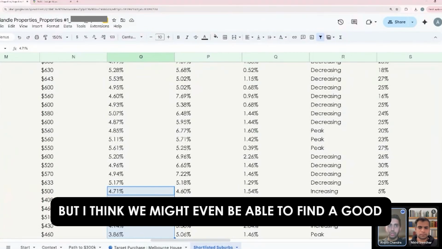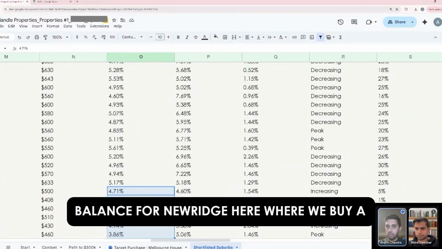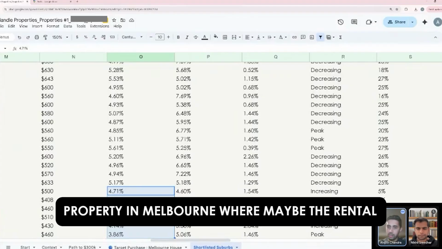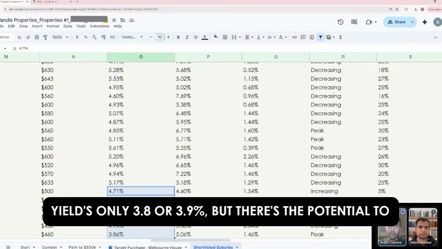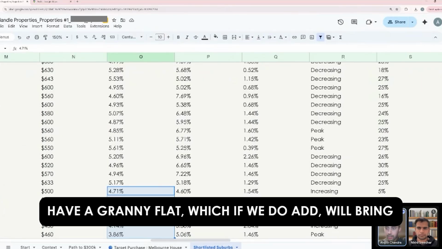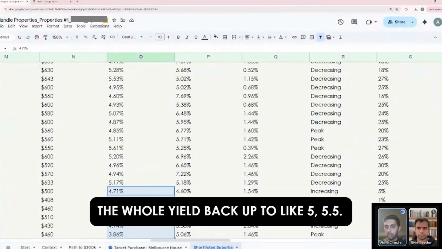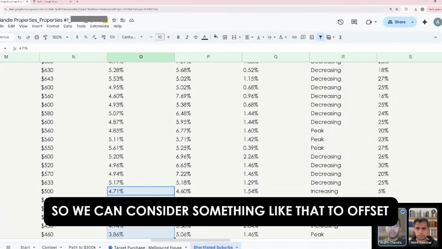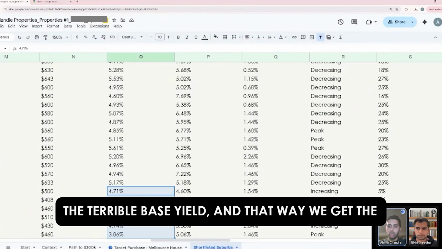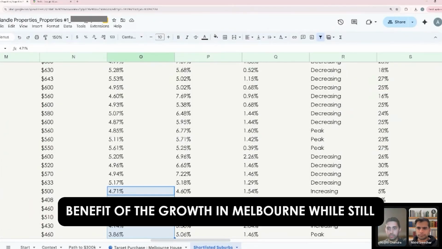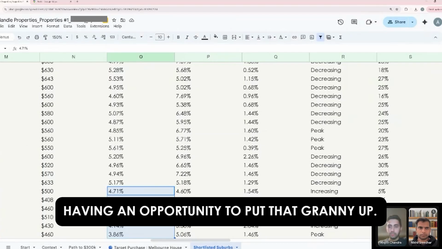But I think we might even be able to find a good balance here, where we buy a property in Melbourne where maybe the rental yield's only 3.8 or 3.9%, but there's the potential to add a granny flat, which, if we do add, will bring the whole yield back up to about 5.5. So we can consider something like that to offset the weak base yield, and that way we get the benefit of the growth in Melbourne while still having an opportunity to put that granny flat up.